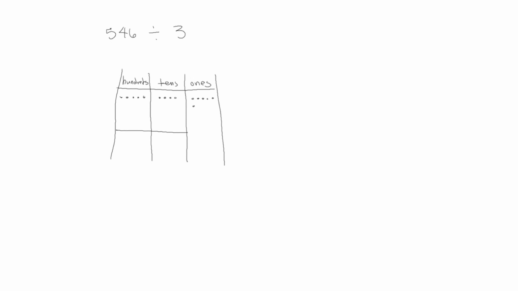And I'm going to make 3 groups. If I have 5 hundreds and 3 groups, I can put 1 in each group. I know I can't put 2 in each group because 2 times 3 is 6 and I only have 5. But that means I'm left with 2 hundreds.